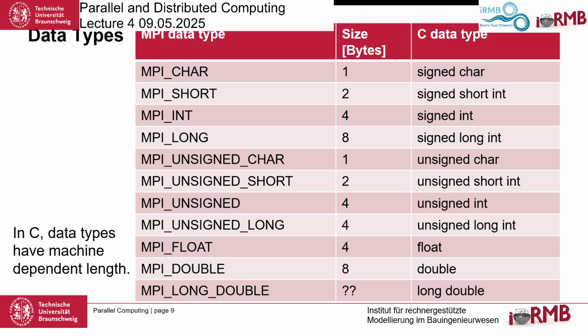That's not exactly IEEE double precision. So C does not necessarily specify this, even though it's very common that they have a certain size.